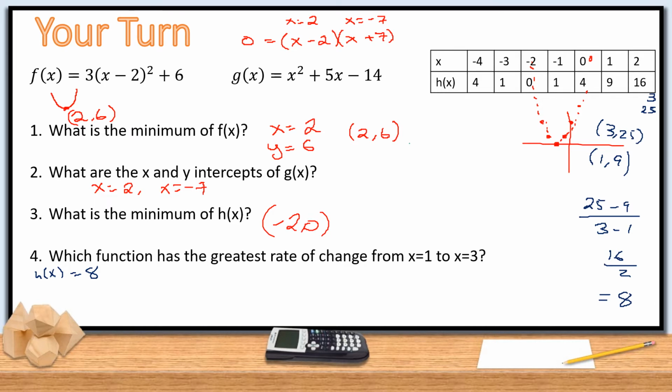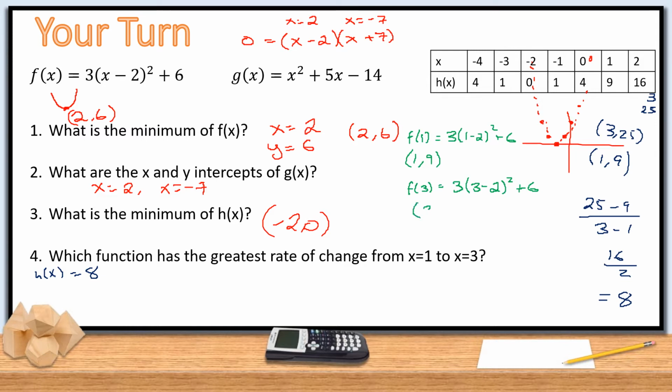For f of x, let me change color again. F of 1. So if I put 1 in, I would get 3 times 1 minus 2 squared plus 6. 1 minus 2 is negative 1. Negative 1 squared is 1. 3 times 1 is 3. Plus 6 is 9. So we get 1, 9. And then f of 3: 3 times 3 minus 2 squared plus 6. 3 minus 2 is 1, 1 squared is 1, 3, and we get 9 again.